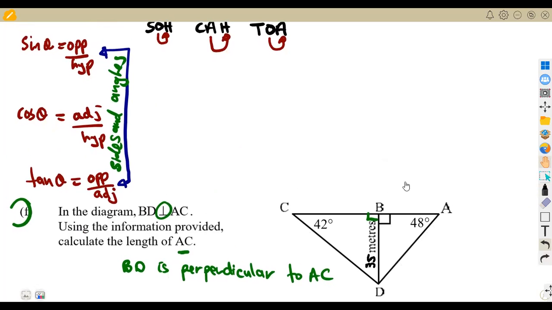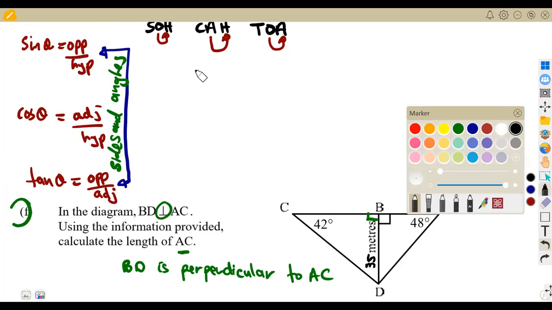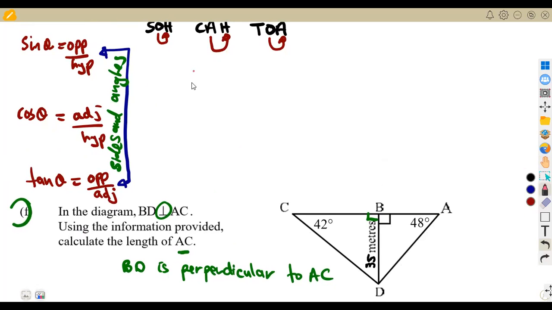So this is what you're going to do, guys. Like I said, the application of your trigonometrical ratios can be used to calculate sides. What you want to do is to calculate the side AC, from A to C. This is a right angle triangle, and this is also a right angle triangle.